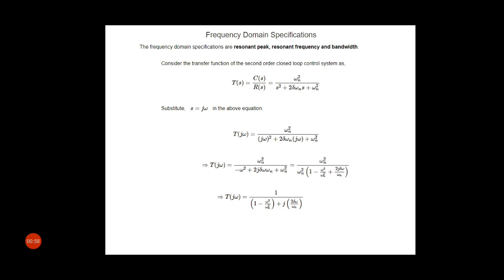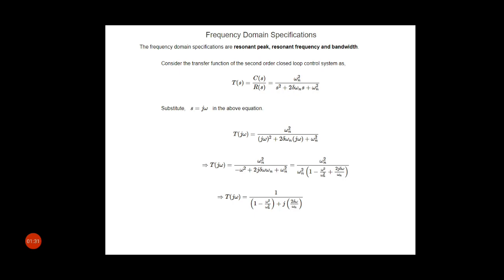Okay, now we put s equal to j omega in this expression. Then T(j omega) equals omega_n square divided by (j omega) whole square plus 2 zeta omega_n into j omega plus omega_n square.